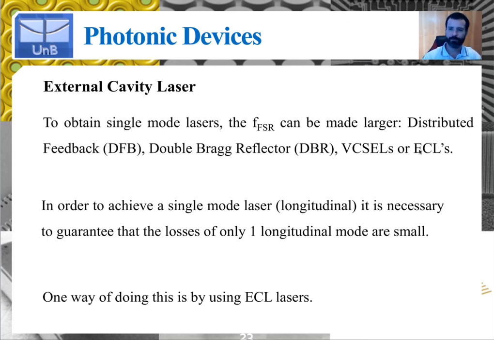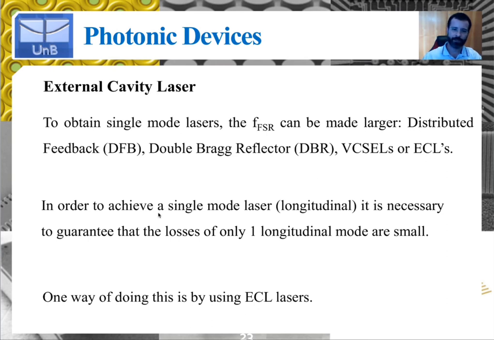Right now we're going to discuss this last type of laser here, which is the external cavity laser. Okay, this is the simplest type of cavity, the external cavity, which can be used in order to obtain a single frequency laser.